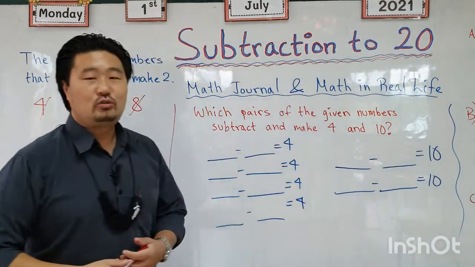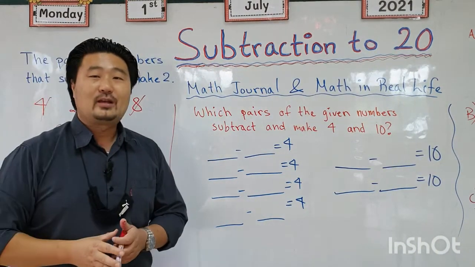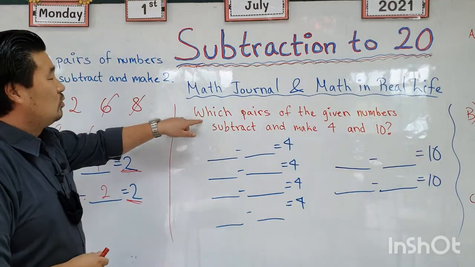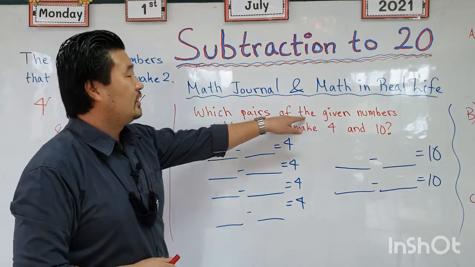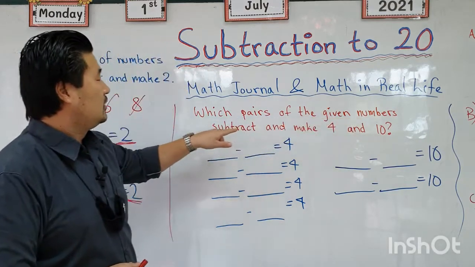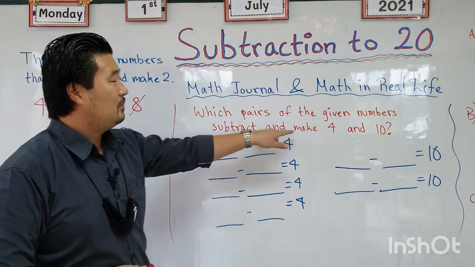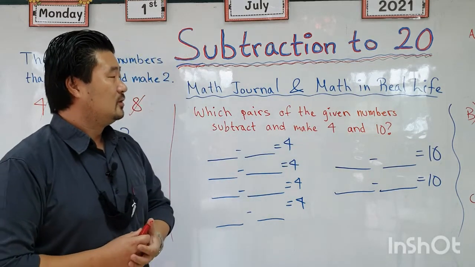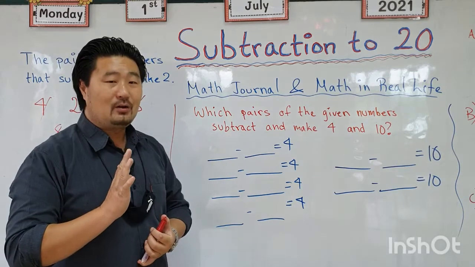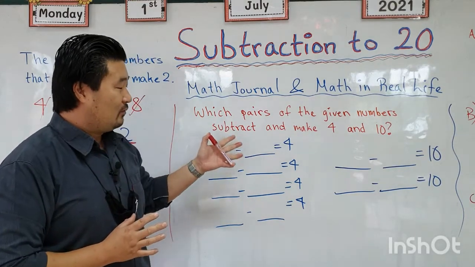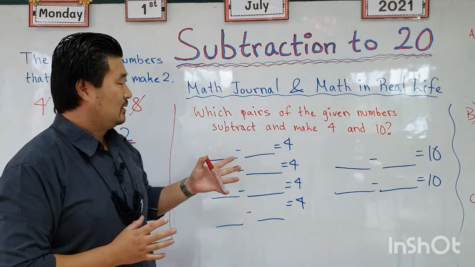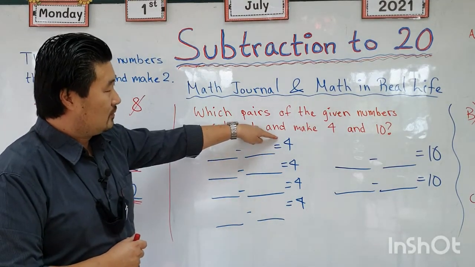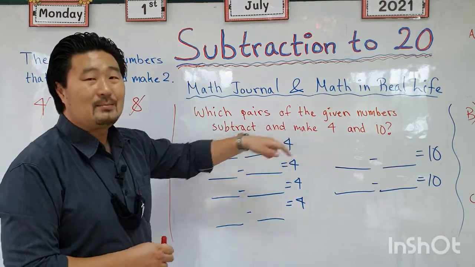Now let's go to your equations that you have to solve. Now, which pairs of the given numbers subtract and make 4 and 10? So I am not going to help you now, but I have written how many numbers.